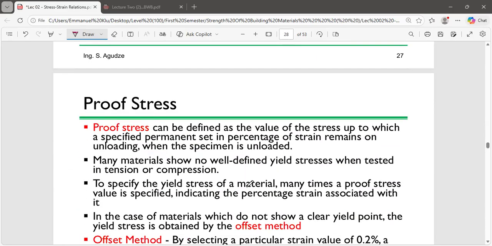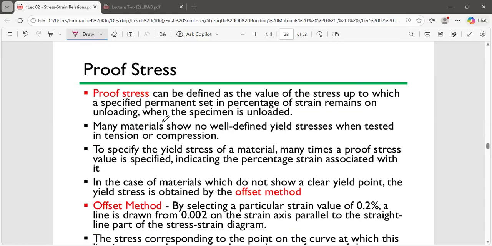All right, let's talk about the proof stress. Proof stress can be defined as the value of the stress up to which a specified permanent set in percentage of strain remains on unloading when the specimen is unloaded.